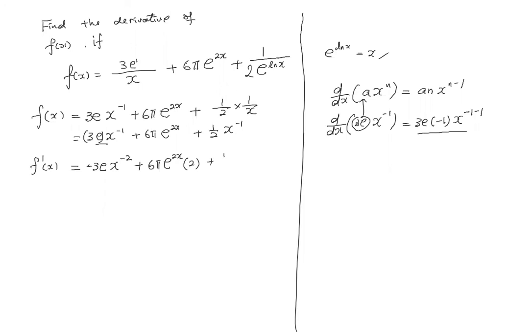Bring down the power, then power take away 1. Okay, so the whole thing -3e over x squared. Usually we try not to put plus. 6 times 2 is 12 pi e to the power of 2x minus half x squared.